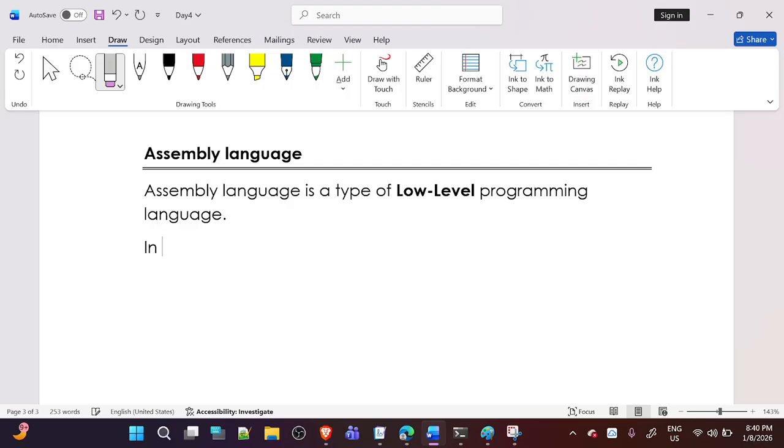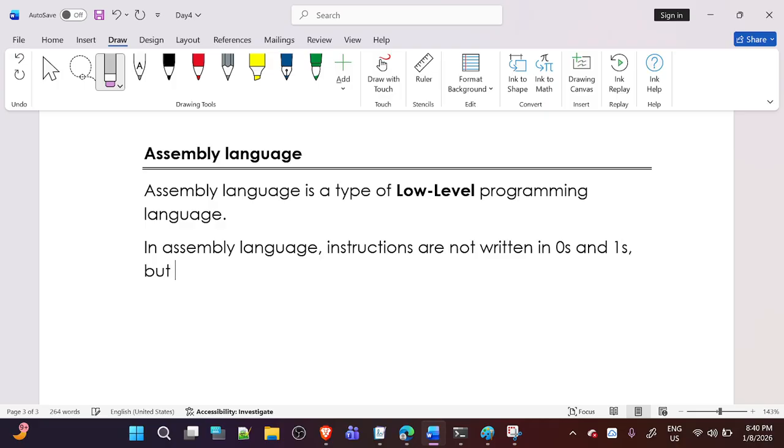Okay. So in assembly language, instructions are not written in zeros and ones, but in numerics.